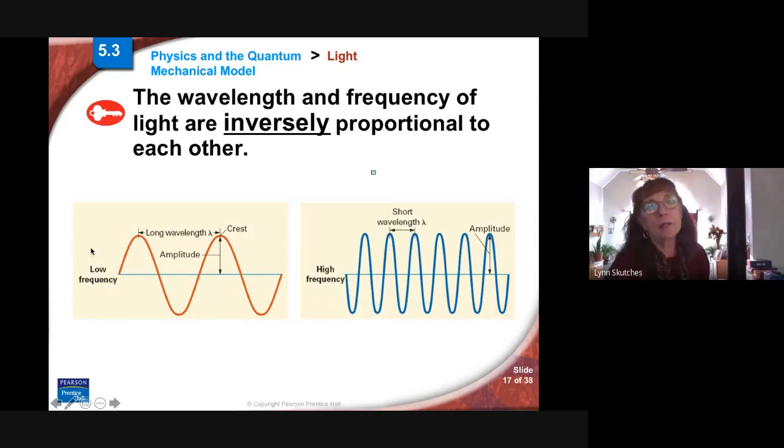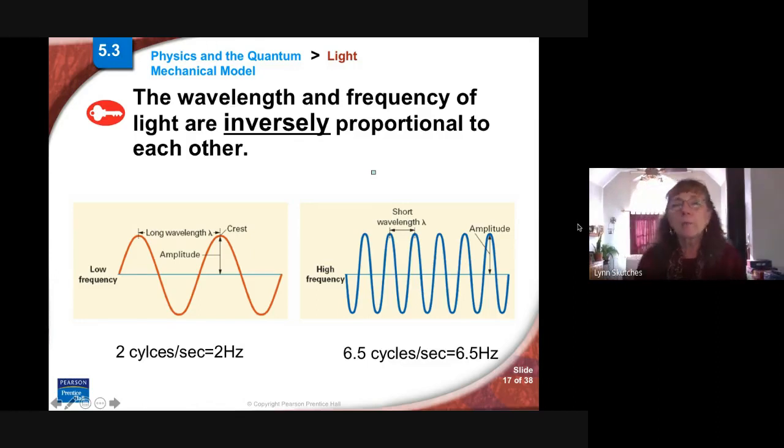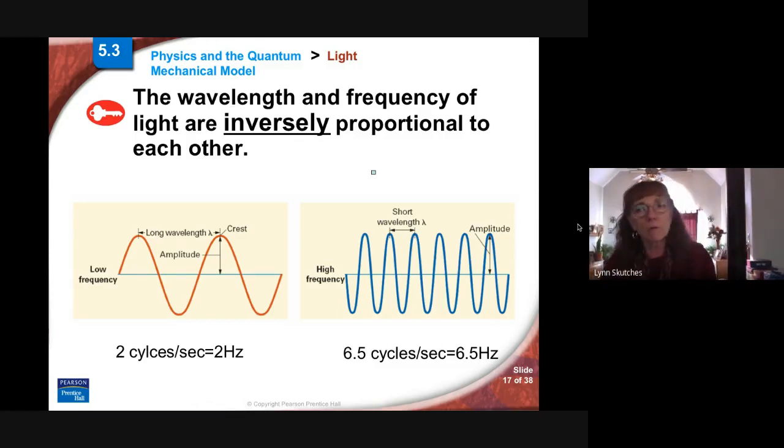As the wavelength gets longer, the number of waves per second, the frequency, gets smaller. As the wavelength gets shorter, the number of waves per second gets bigger. One goes up, the other goes down; one goes down, the other goes up. That's an inverse proportionality, an inverse relationship, indirectly related, however you want to phrase it.